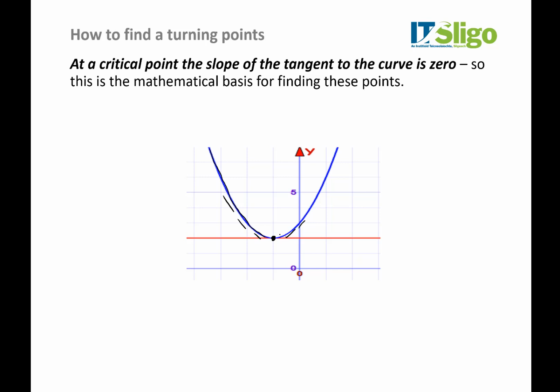It hasn't started being positive yet, so this is the exact moment where the slope is 0. That's what happens at a turning point. So dy/dx is 0 at the turning point.